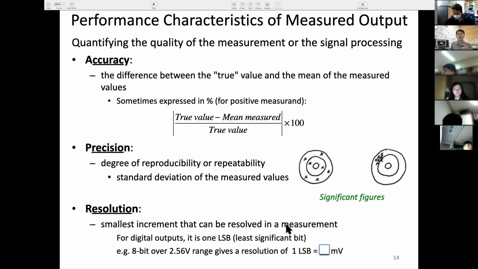We are dealing, as I say, with always collecting signal into a digital form. So in the digital output, we define the resolution as the least significant bit. Here, the bit is digital 0 or 1, 0, 1, 0, 1, and that's a 1 bit, okay?